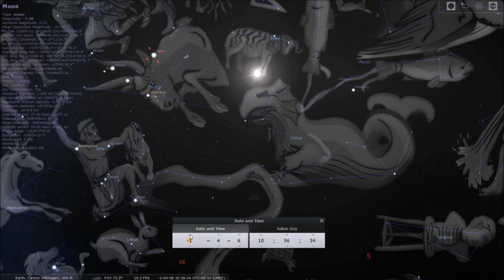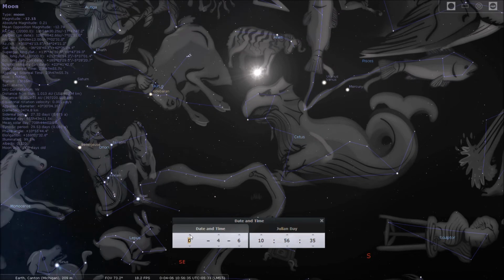Okay, so 1 BC. Uranus and Venus are in conjunction with Mercury in Pisces. The sun is all by itself. The moon is 99.1%, 14 days old.